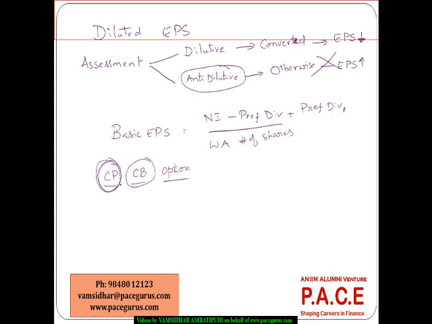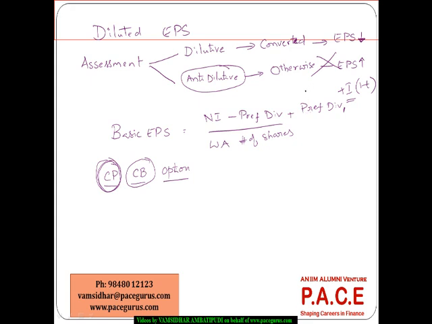Similarly, if there is a convertible bond and let's say the bond is converted into equity and it is a dilutive security, then because it is converted into equity, the interest on the bond need not be subtracted to arrive at net income, which means the net income will be higher, to the extent of interest into (1 minus t), because the interest is tax deductible.